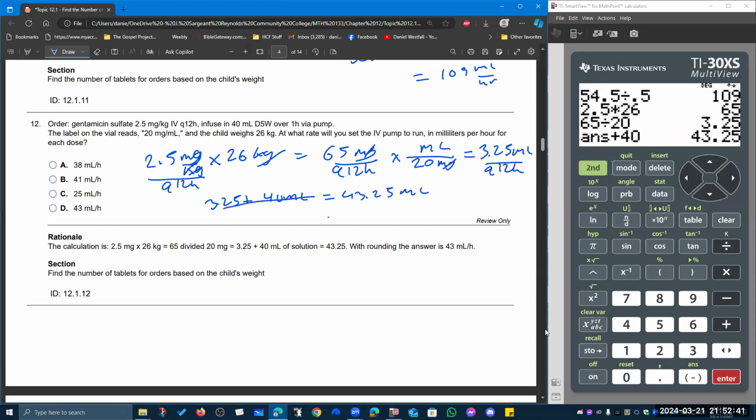That's getting infused over a period of 1 hour. And we're going to round down to the nearest milliliter per hour is about 43 milliliters per hour. That's option D.